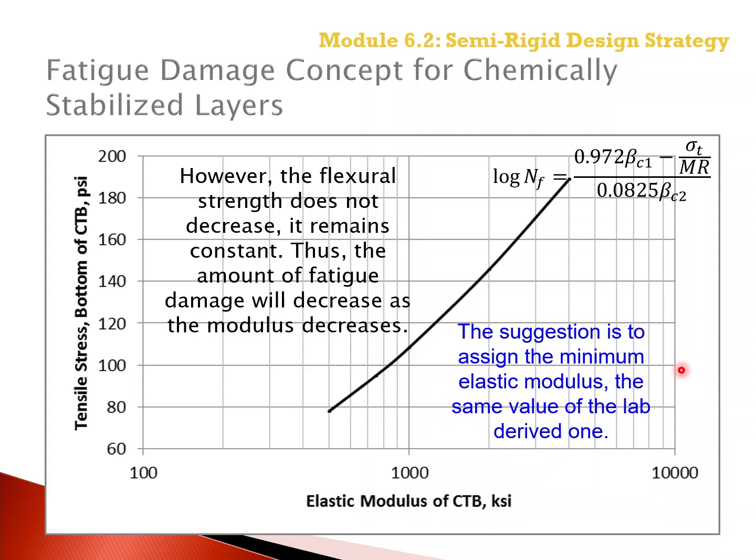And again, none of the other bound layers, asphalt or Portland cement, includes this modulus reduction in the fatigue analysis of those materials. So the MEPDG manual of practice suggests that that same assumption be applied to chemically stabilized layers. In other words, do not consider the reduction in elastic modulus as damage increases.